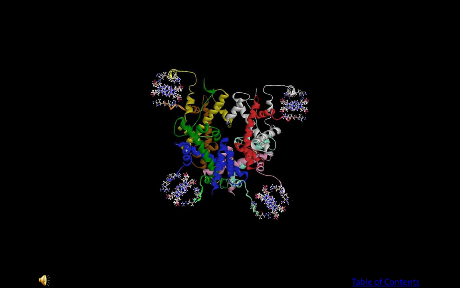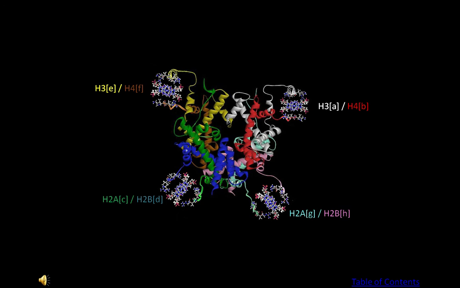There are 2 H3-H4 corners, namely the H3-H4 A and B chains at the upper right, and the H3-H4 E and F chains at the upper left. Likewise, there are 2 H2A-H2B corners, namely H2A-H2B chains C and D at the lower left, and H2A-H2B chains G and H at the lower right.